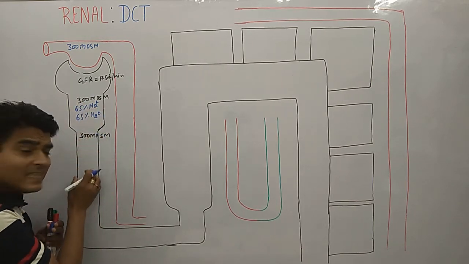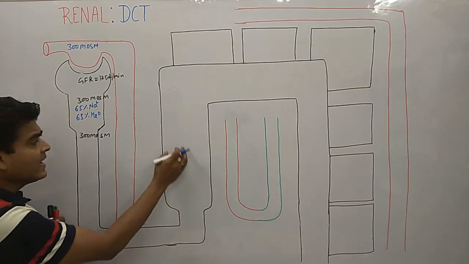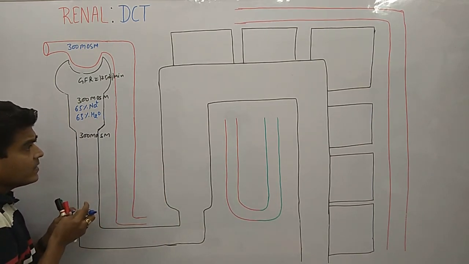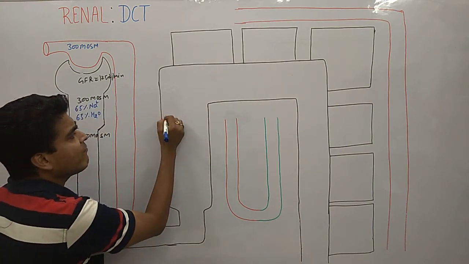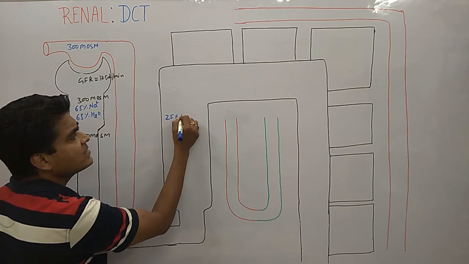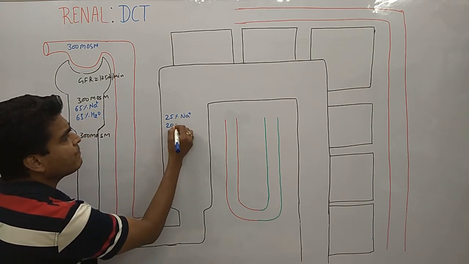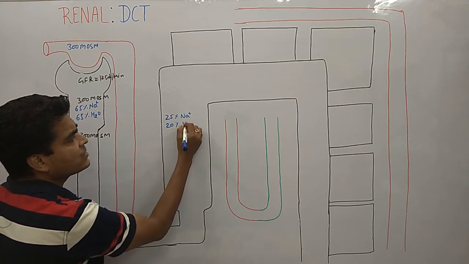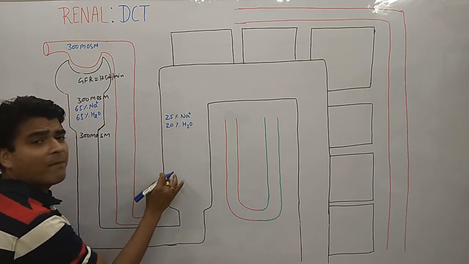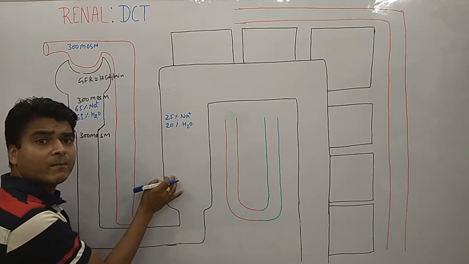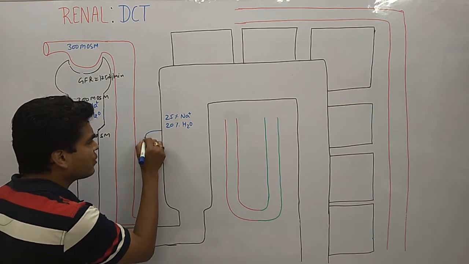In the earlier class we discussed the loop of Henle, where we absorb almost 25% sodium and 20% H2O. Here the sodium potassium 2 chloride importers are present. I am drawing them over here.